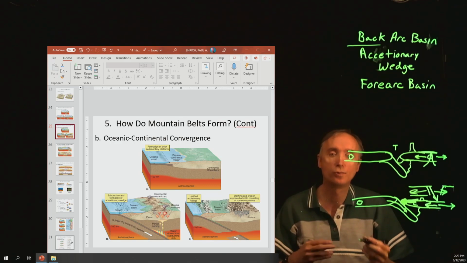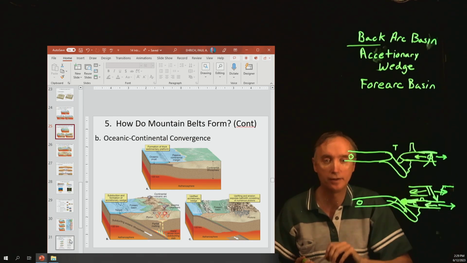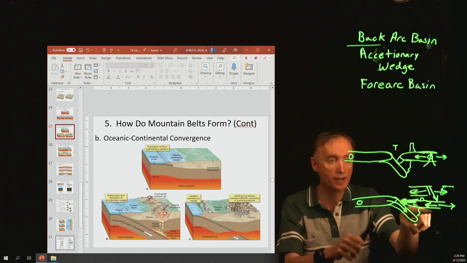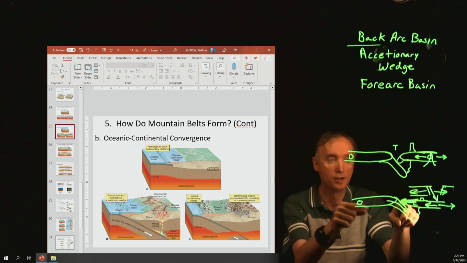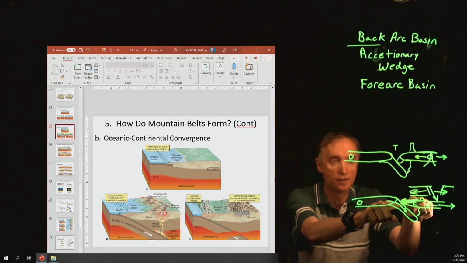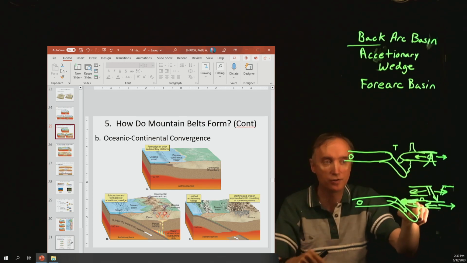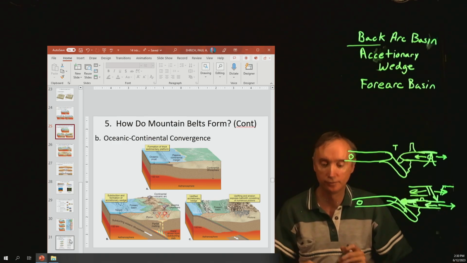So these are just some words that I would like for you to know where they come from, and where they would be located in a picture. Notice also that back here, the plates are being pulled apart, but in front of this mountain, the plates are being pushed together. So here's where you could have reverse faulting, and back here is where you could have normal faulting as a result of it.